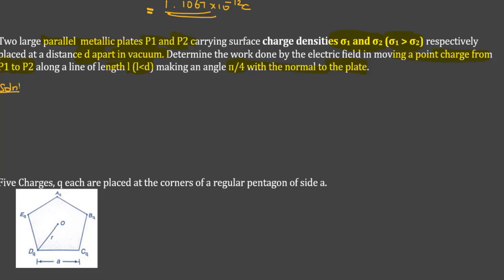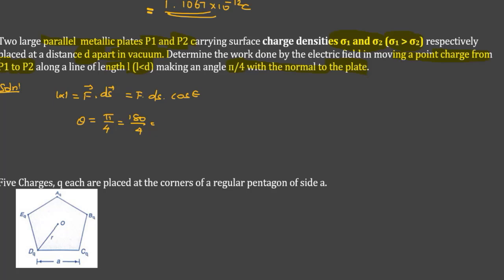So we'll go for the solution. Work is nothing but F into displacement. Based on this we can write F into ds into cos theta. So first, theta is given: π/4 is nothing but 180 by 4.